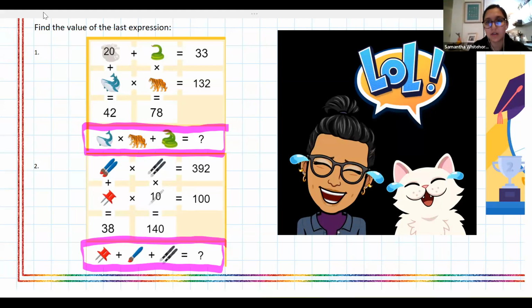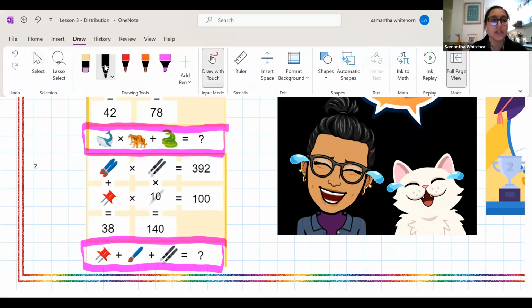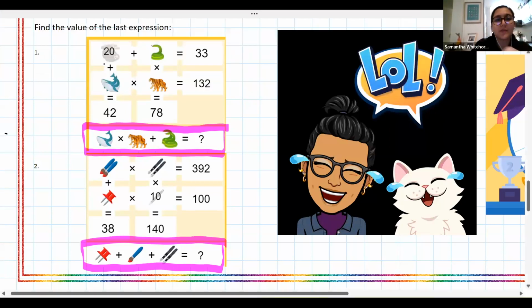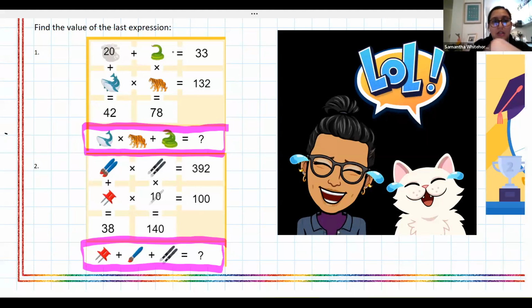I didn't see any correct answers for the last one, but I could have missed it. But for the first one, remember, you have to read both across a row and down a column. So we know 20 plus a snake is 33. So this snake has to be worth 13. So at the bottom here, where I've got double snakes, this is 26. Now, if I work down the column, 13 times what gives me 78? 13 times 6 gives me 78.